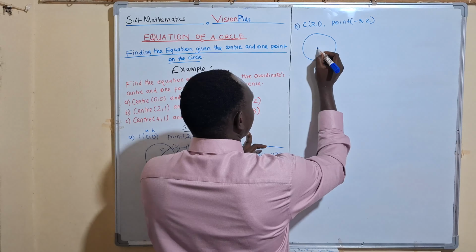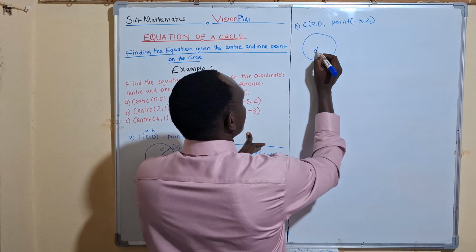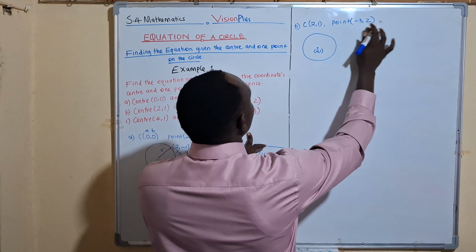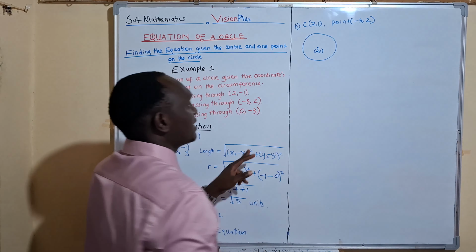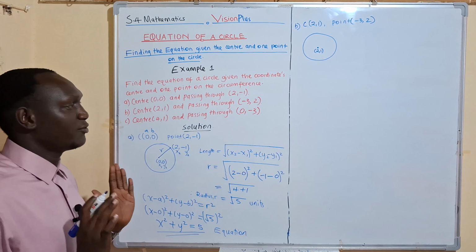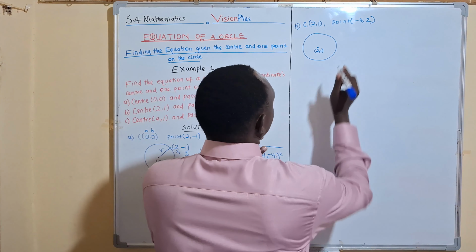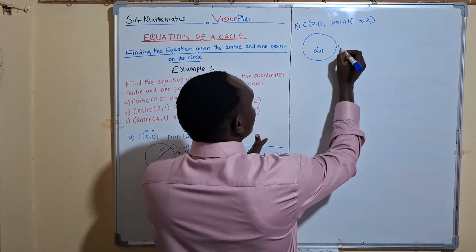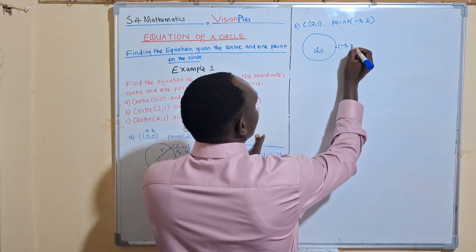So this is the center with coordinates 2 and 1. And then there is a point on the circumference which is negative 3 and 2. You put that point anywhere you want. In this case, I want it here. That means this is the point on the circumference, negative 3 and 2.